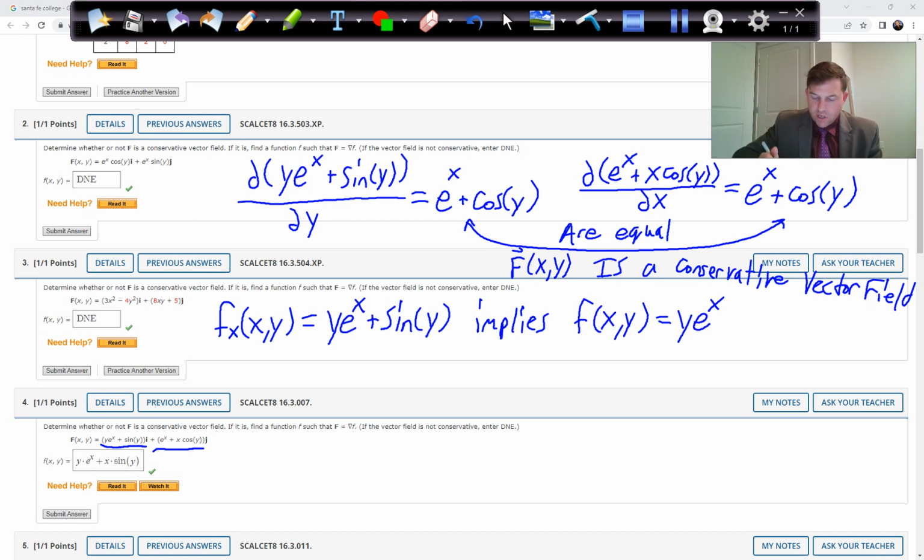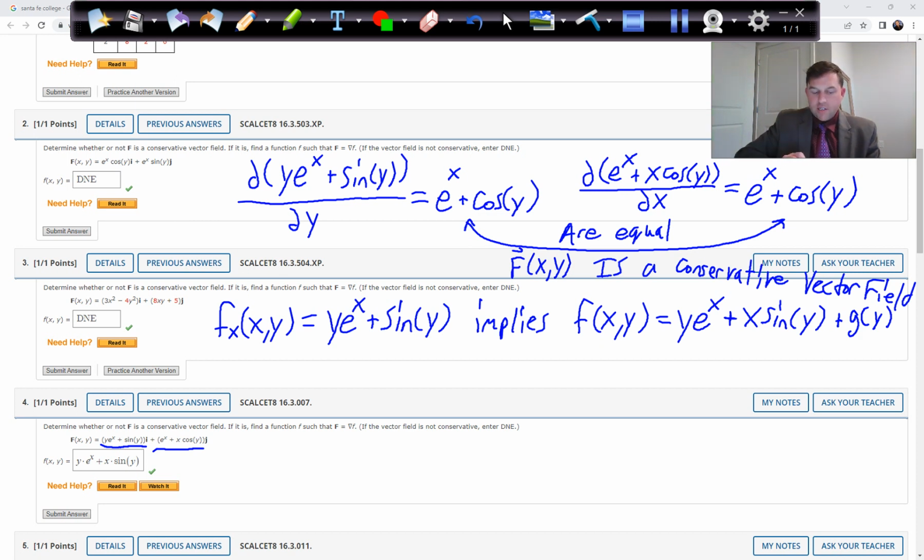But here's where it's going to change. Plus, if I'm doing this with respect to x, sine y is a constant. So the antiderivative of sine y with respect to x would be x sine y. So we just put an x in front of it. Plus, there could have been some function we'll call g that had y's in it.